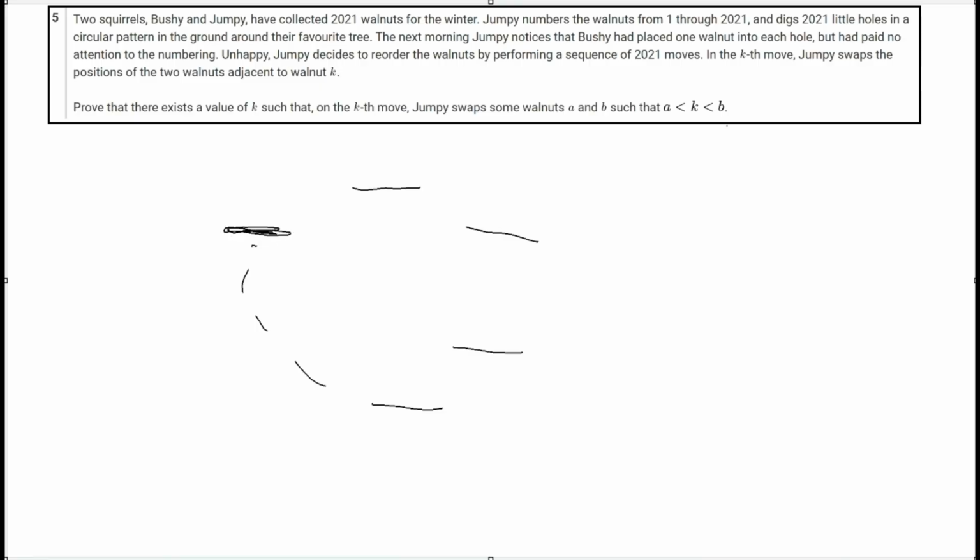And originally Bushy puts one walnut in each hole, so all of them are labeled. So we end up going 1, we could have 2019 here, we could have 773 here, 2 here, and so on and so forth. And we could have like 71 here.